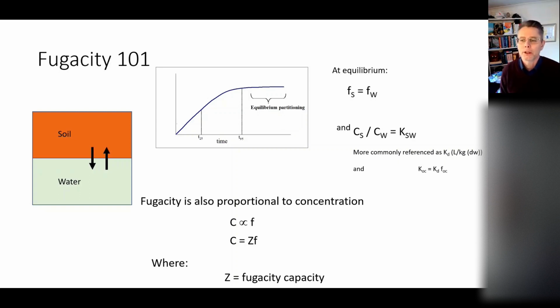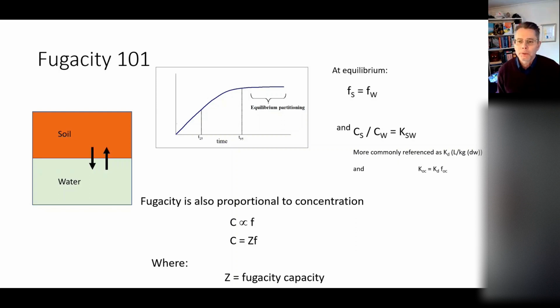Fugacity is also proportional to concentration, and the proportionality constant in this term is known as Z. Z is what we refer to as fugacity capacity. It's an important concept because it helps us to understand the capacity of a particular medium to retain a chemical substance.